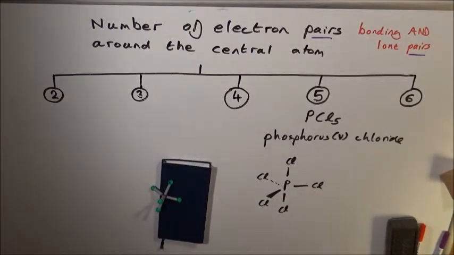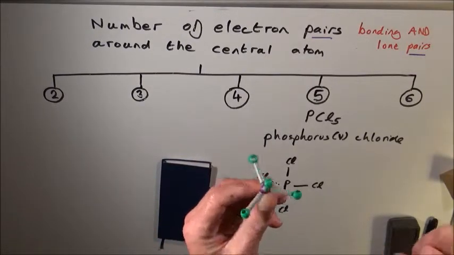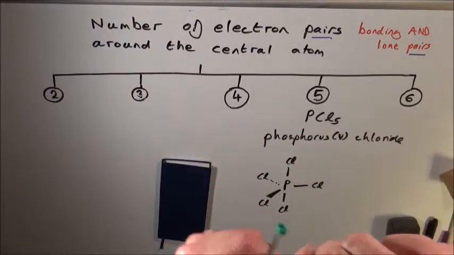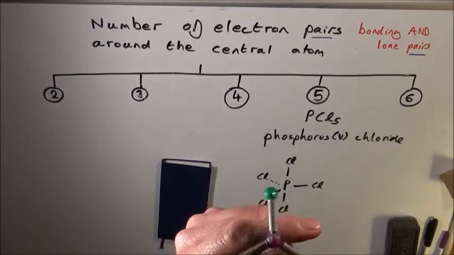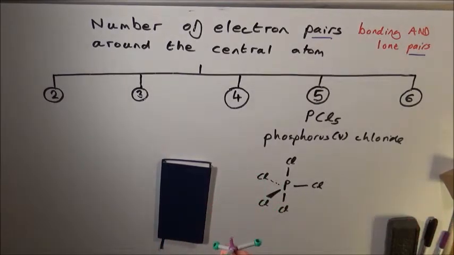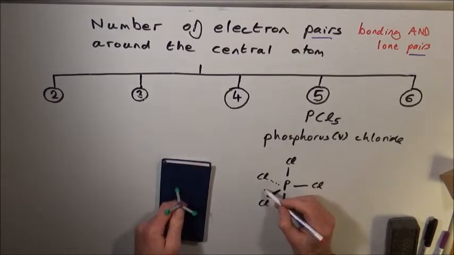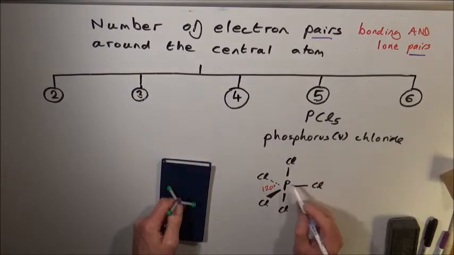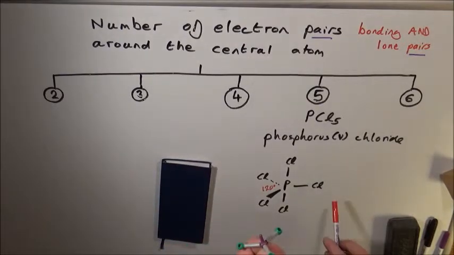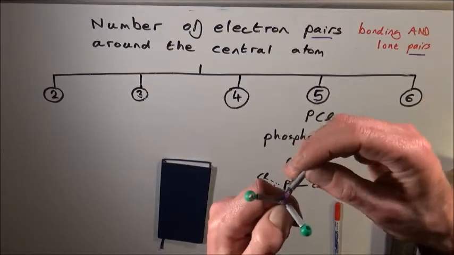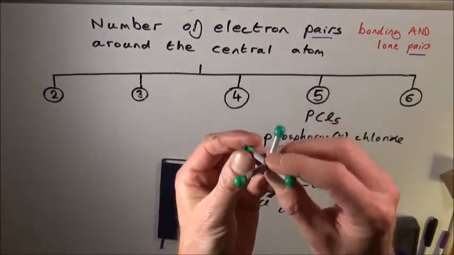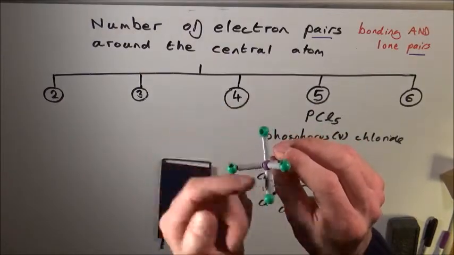And in this molecule we've got 2 bond angles to think about. First of all, if you just look down from the top, I can take away 2 of them and show you that we've got the 120 degrees there. So you've got a 120 degree bond angle. I can write it in here. It's also between this one and this one and this one and this one. And if I put back my other two chlorines, you can see that there is also a bond angle of 90 degrees in here.